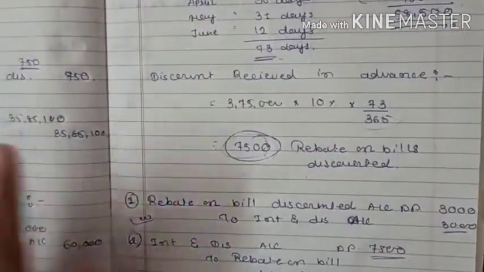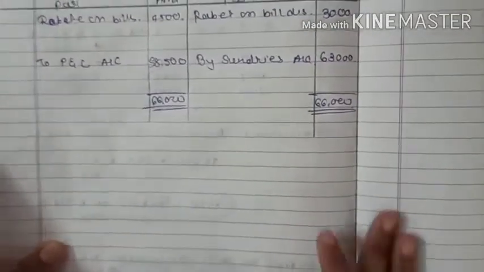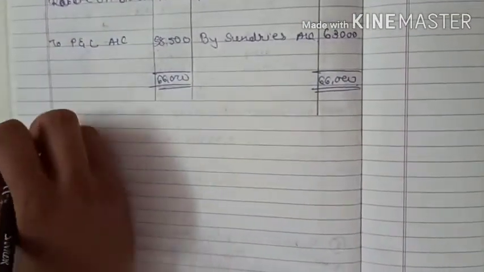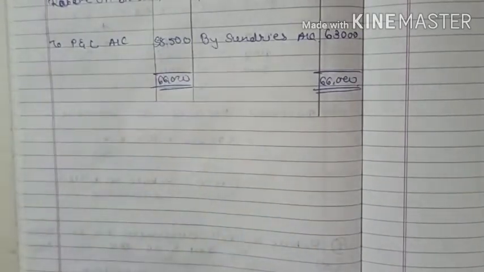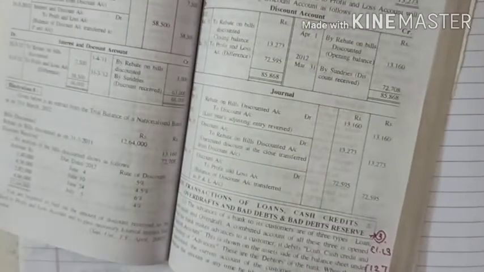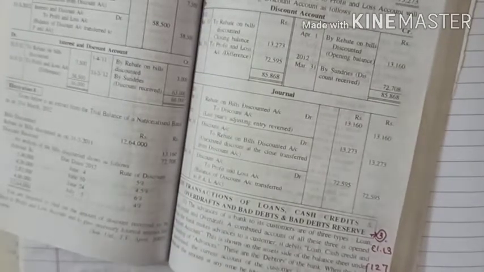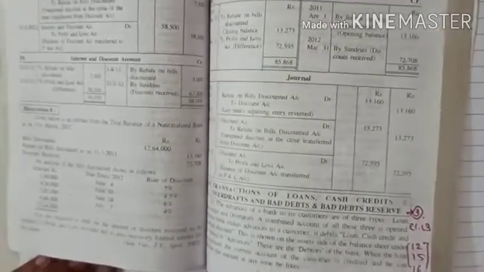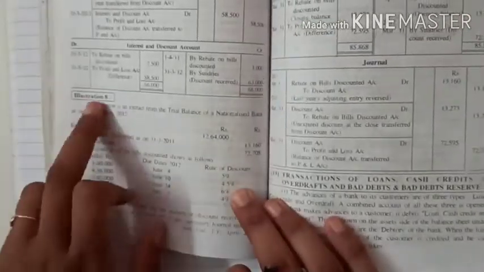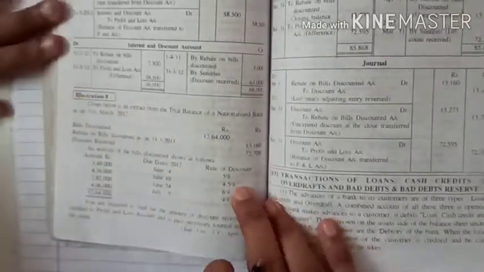That is a rebate on bill discounted. Now, in the same kind of way, we are going to solve illustration number 8, where there are various discounting dates, and the amount and the percentage are different. How we will solve it, let's check it out. Illustration number 8.